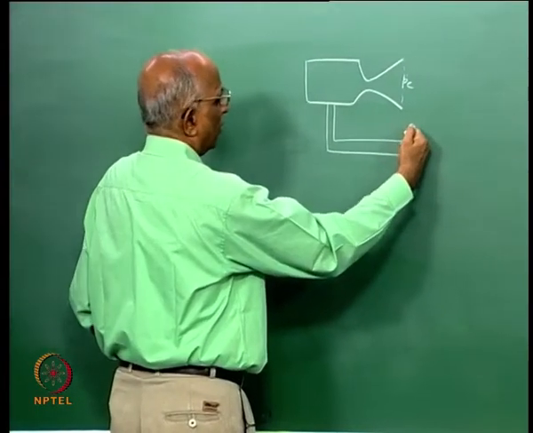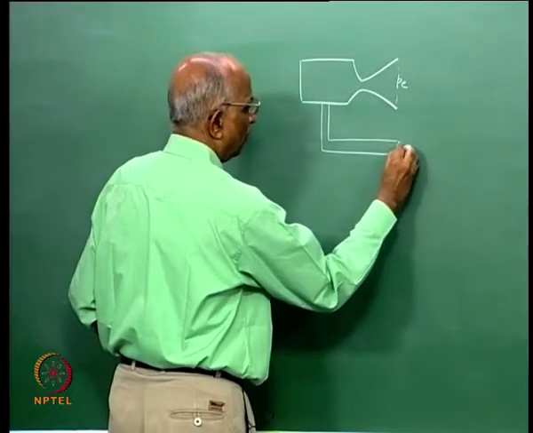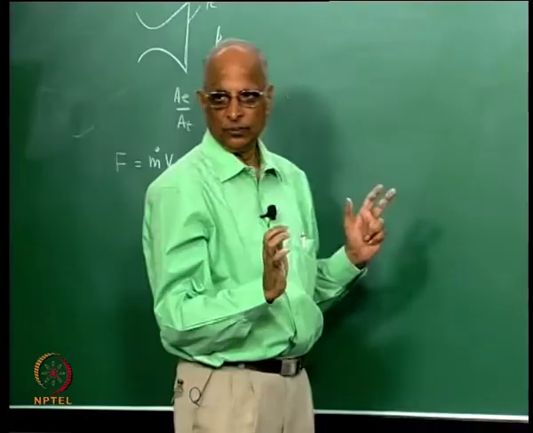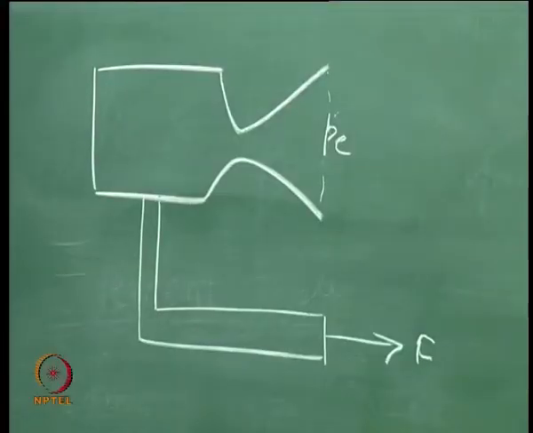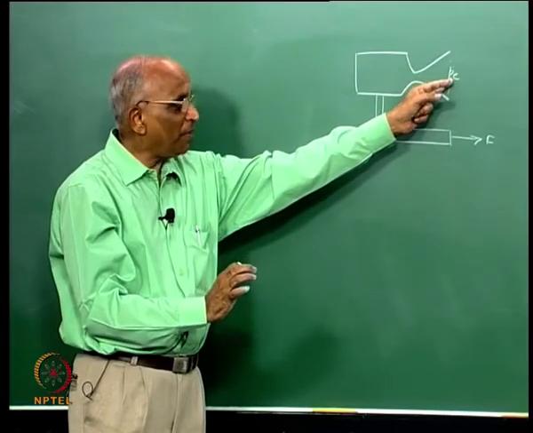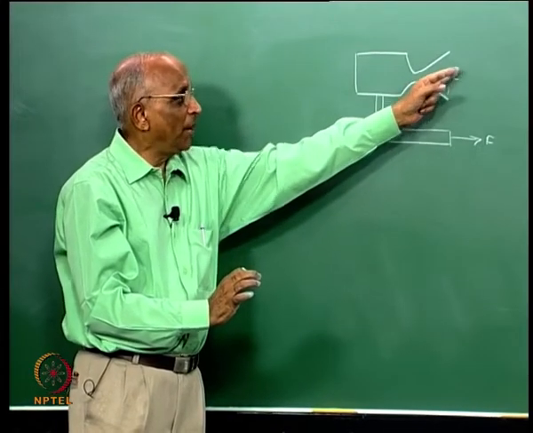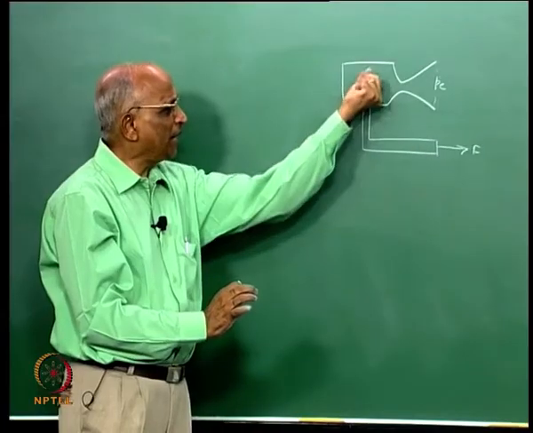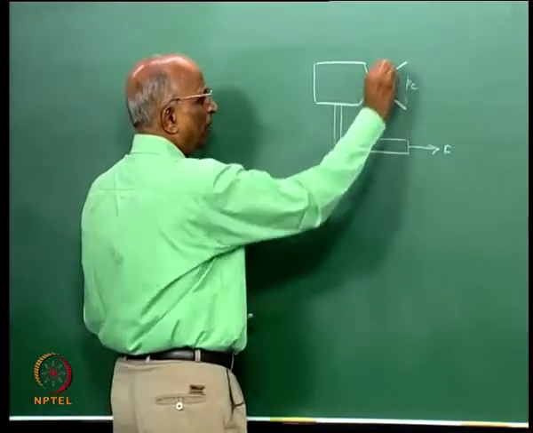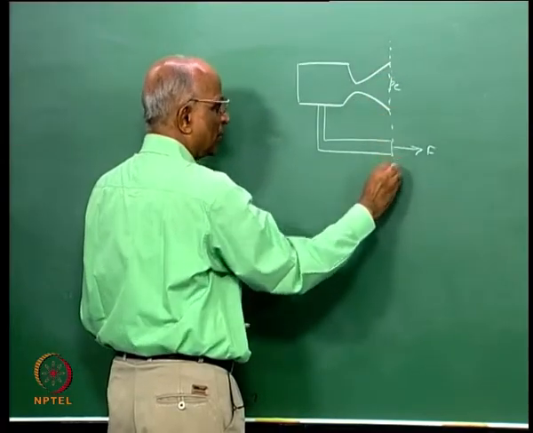I hold it with a force F such that the rocket is stationary. I want to find out the force which a rocket develops, because my exit pressure is not balanced by the ambient pressure, and therefore I keep this rocket in a position like this. Then I make a control volume diagram about this.